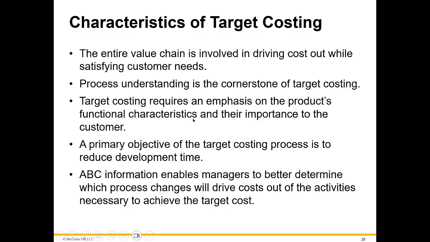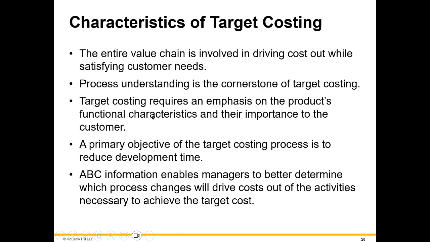So as characteristics of the target costing, the entire value chain is involved in driving out cost. Okay, so we're all working on that process. We've got to understand the process in order to get at that target price. Okay, the target costing requires an emphasis on the product's functional characteristics.